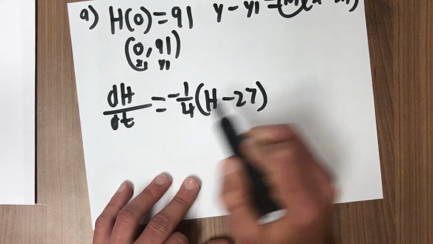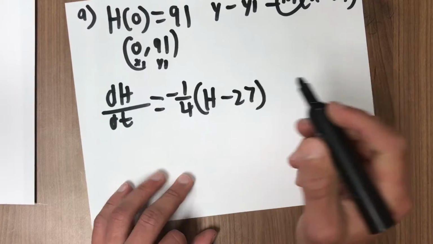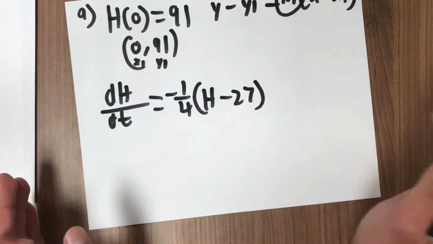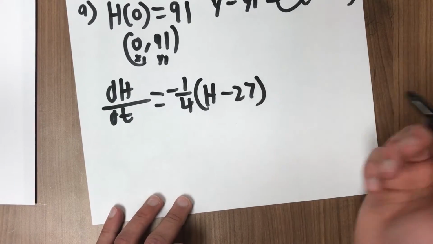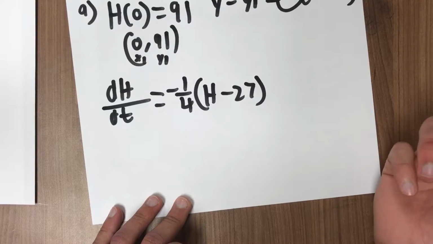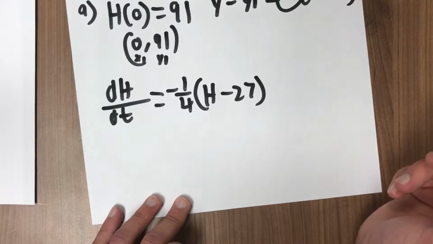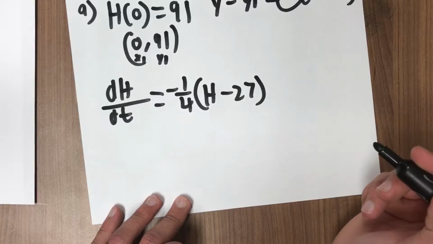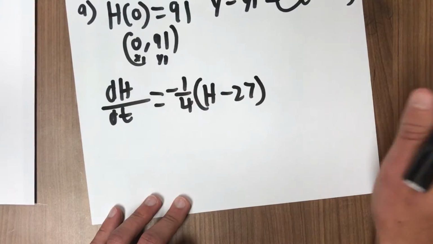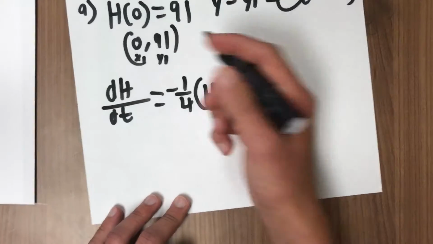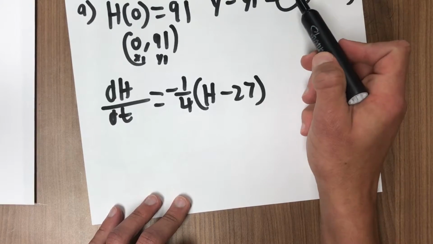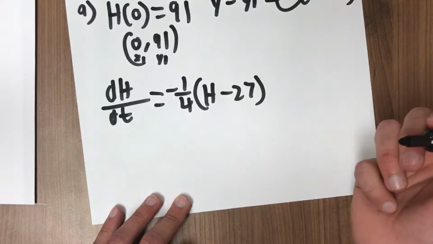And this is the slope graph of the function h at all points. So if you're finding a tangent line at time t equals 0, you're going to need to find the slope at 0, because the slopes are going to have to match up, and the tangent line will have to go through the point (0, 91) and have the same slope as dh/dt at 0.